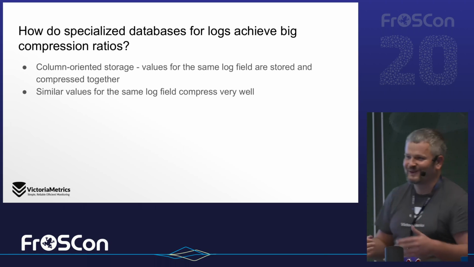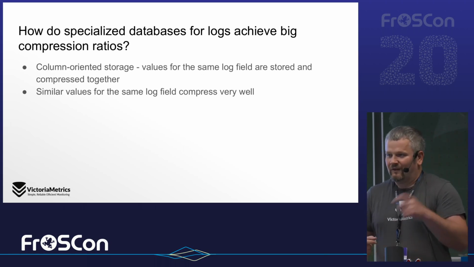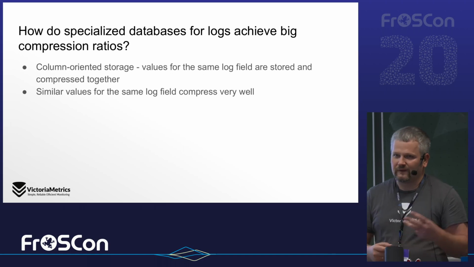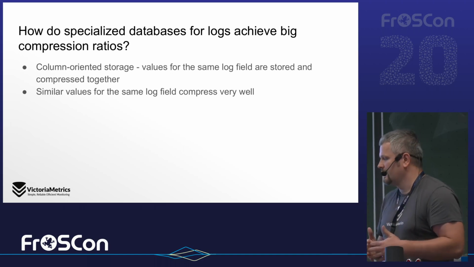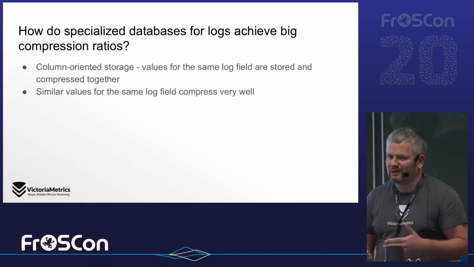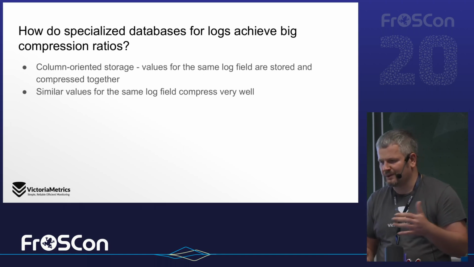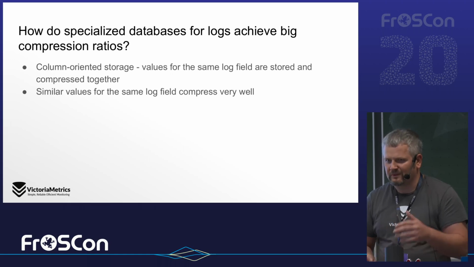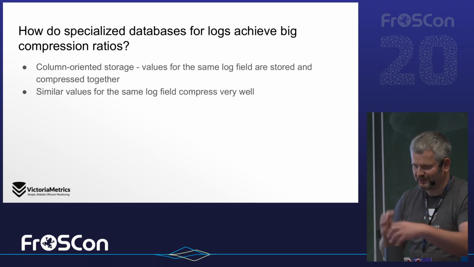For example, if you store some constant or some field which can have a small number of values, such as log level, for example info, error, warning. We have 3 different values, and these 3 different values can be compressed very, very well if we store them together in a single column.